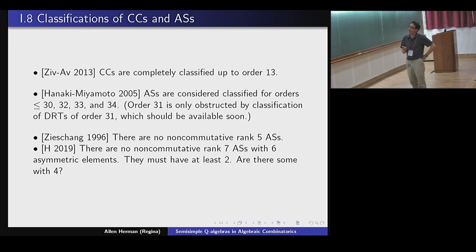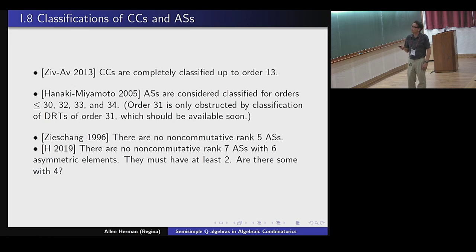So with a few of my co-authors, we looked at that problem and eventually got up to rank 7. There are no non-commutative rank 7 association schemes with 6 asymmetric elements. So those would be like doubly regular tournaments where everything that's not the identity is not its own transpose. But there are table algebras of that kind.